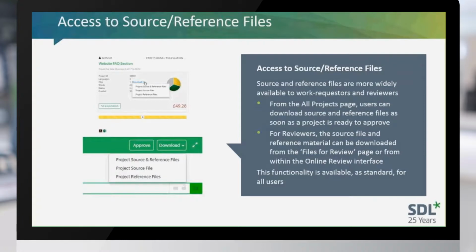So you'll see in the top screenshot in here, this is taken from the All Projects view. Within the project tile, a user can now click on the download option and choose to download any source and reference files that are associated with that project. And they can do that at any step in the workflow. They don't have to wait for the project to reach a certain stage before they can do so.